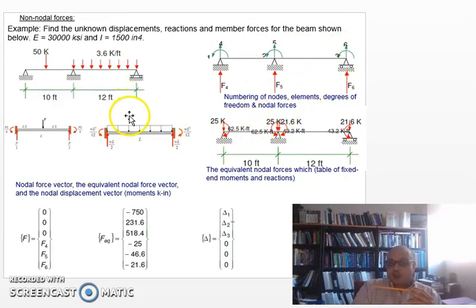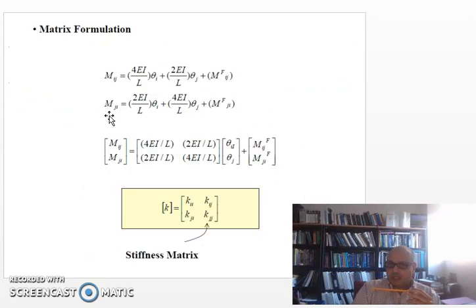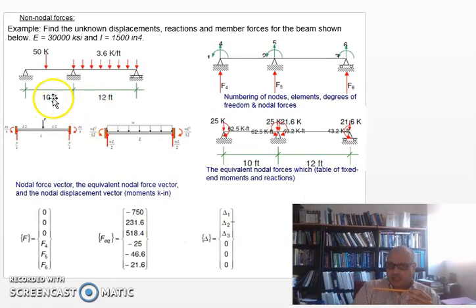And let's do the nodal loads. Remember when we talked here, we said that we'd like to get the fixed end reactions and all this stuff. Let's look at that closely. If I have 50 kips applied here at the center, it has an effect of half of it, 25 and 25. In the second span, 3.6 kips per foot times 12, divided by 2, will give you 21.6 here, 21.6 right there.